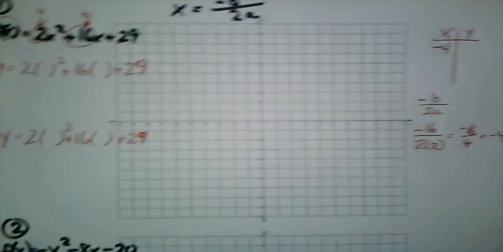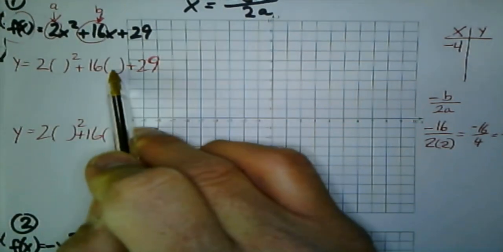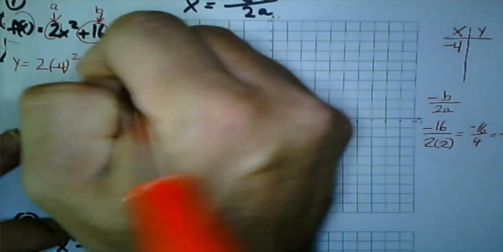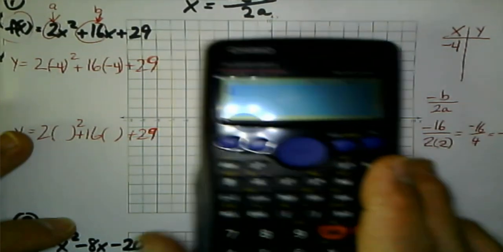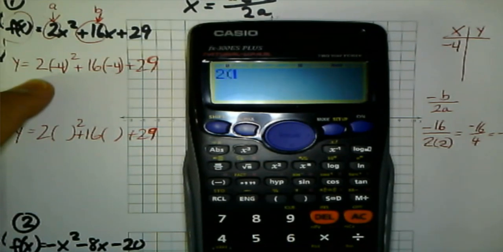What do we do with that x value? Well, these are the x's. So we put those x values in there, so that's -4 that goes inside. We take our calculator, we enter 2, we put the parenthesis, we make it a -4 in a parenthesis.